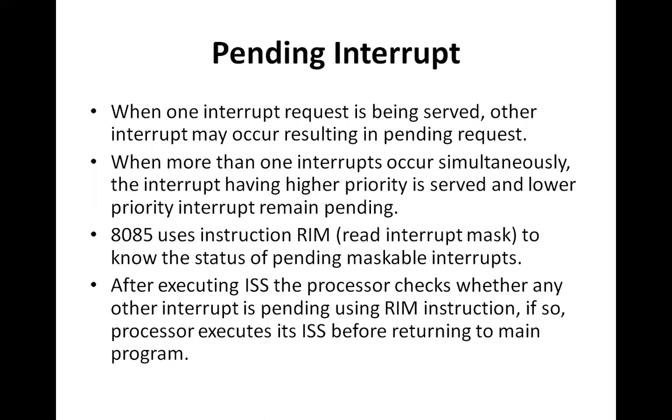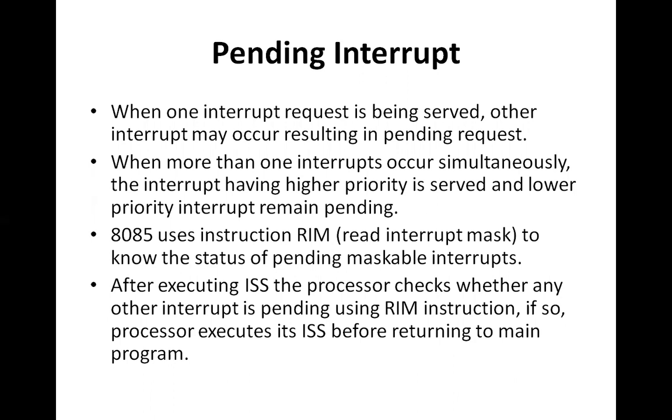Whichever device has asserted an interrupt through the INTR line will have its service routine executed, depending upon what kind of RST instruction it has asserted. While the RST instruction has been asserted, it will switch over to the interrupt service subroutine, which is written at a specific memory location. Now, while returning from the service subroutine to the main program, it will check whether any pending interrupt remains at the INTR line?